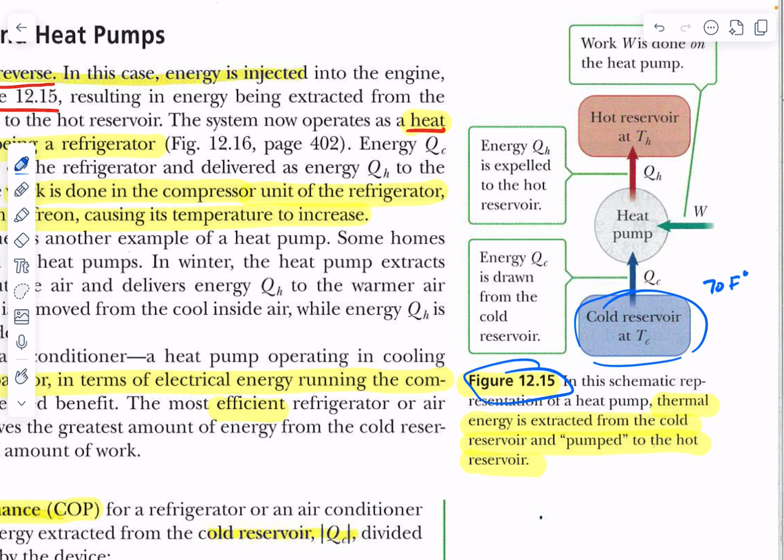And outside, it might be like 90 degrees outside. But what we do is this coolant is pumped into the unit that's in the house, and the blowers around the house are blowing the warmer air of the house across the tubes where the coolant is, causing the coolant to go from the liquid to the gaseous state.